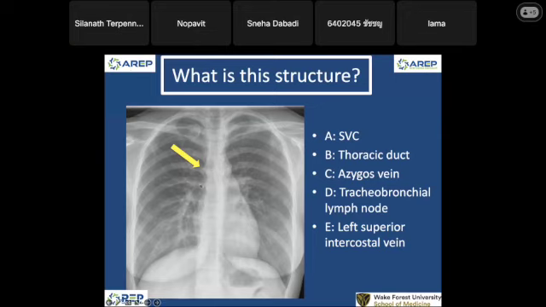Can't see much of the right main bronchus here. The structure that I am asking you about is this little bump between the tracheobronchial tree. This is the trachea. This is the right upper lobe bronchus. It's sitting right here at the right tracheobronchial tree. Anyone know what structure that is?